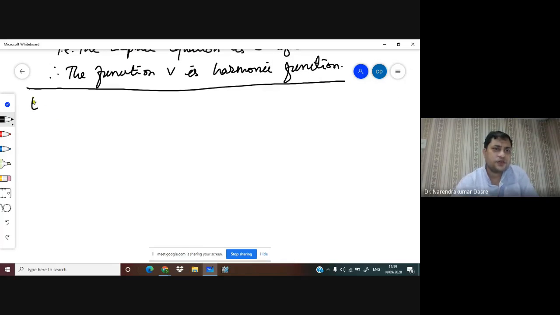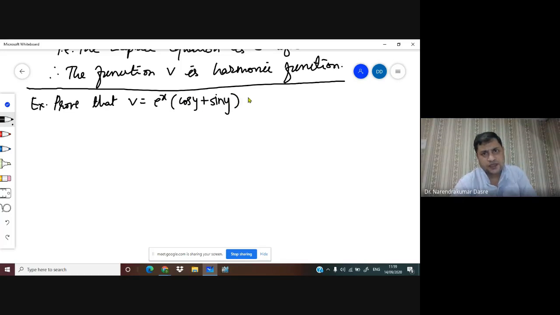Now let's have another example. Prove that v is equal to e raised to x cos y plus sin y is a harmonic function. So we can go with the solution.